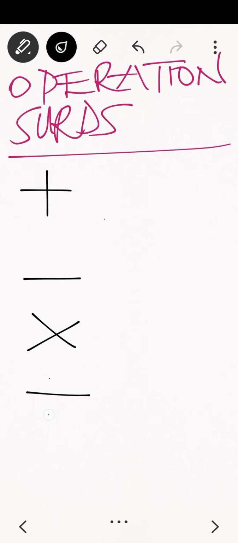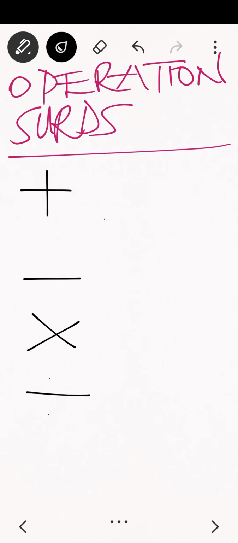So we talk of addition, which is really done with the plus sign. Then we have subtraction with the minus sign. We have multiplication with this sign. And we have the division sign in this manner. So we're going to treat sets under all these operation signs.